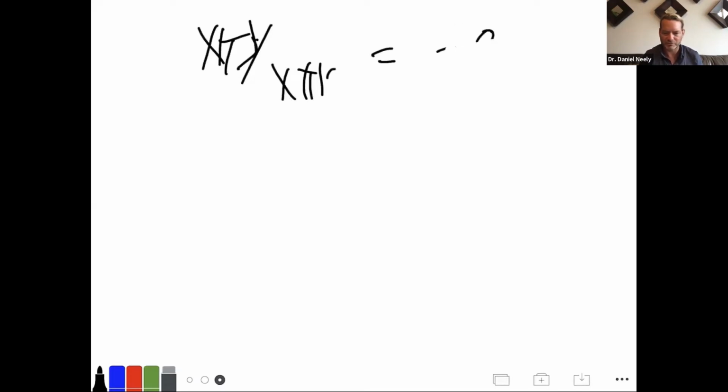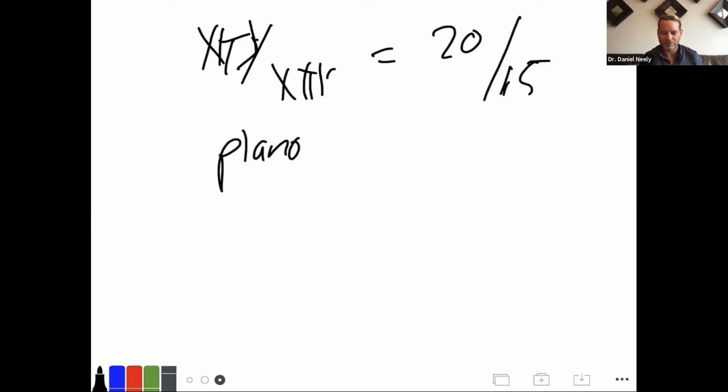Let's go less, make it a little more realistic. 20 and 15. All right, so they don't have horrible exotropia, but they have intermittent deviation that's visible. And let's say that their refraction is plano.